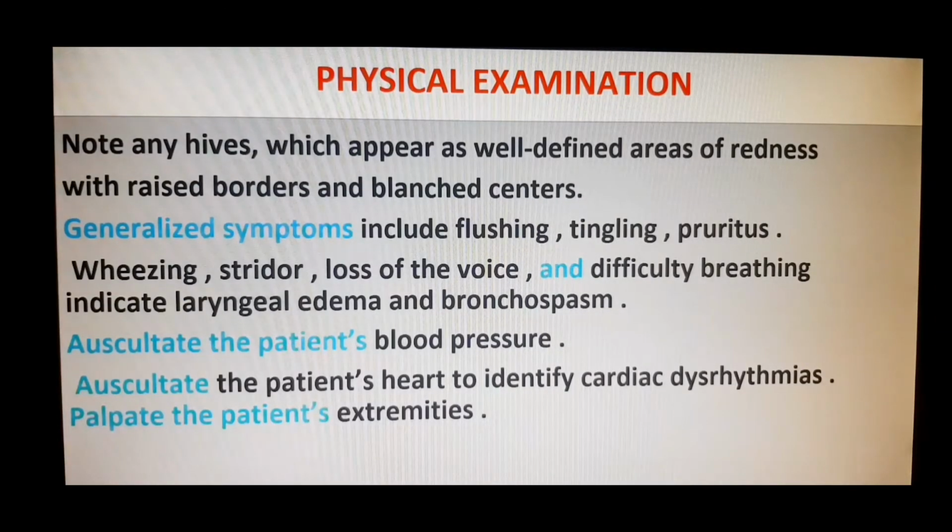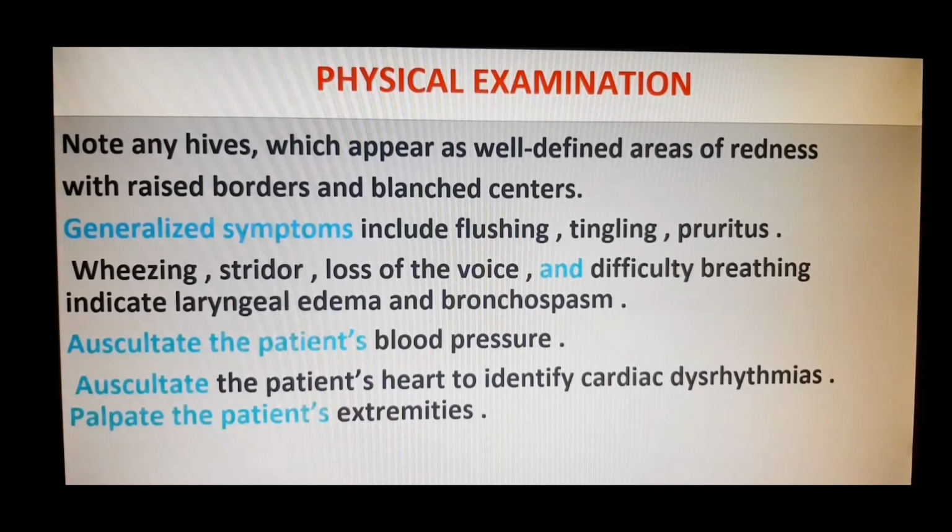In the physical examination phase, we also collect information about the patient's situation. We must note any hives, which appear as well-defined areas of redness with raised borders and blanched centers. Generalized symptoms include flushing, tingling, pruritus, and angioedema around the mouth, tongue, eyes, and hands.